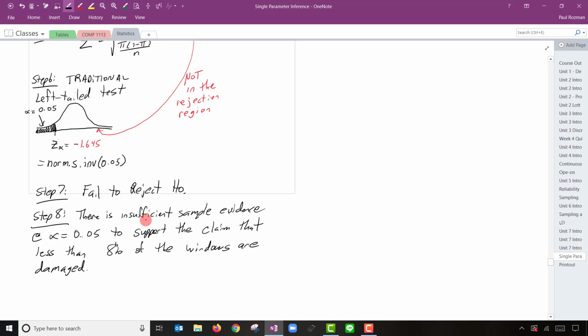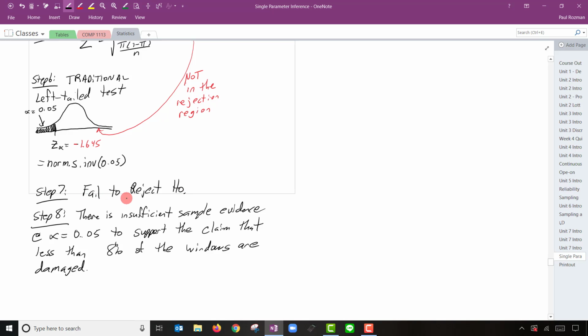Notice how the wording of that is fairly weak. Basically, it's saying we can't, instead of saying they're wrong, we say we can't support that they're right. And the reason for that is that we don't know the probability of our error. When we reject the null hypothesis, we know the probability of our error.